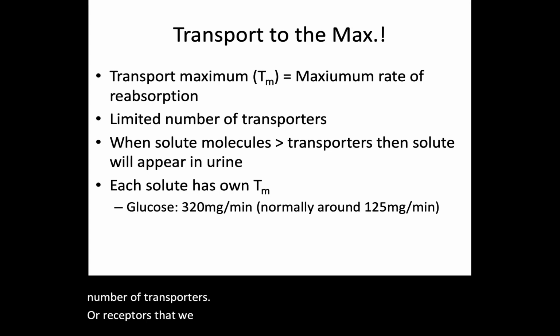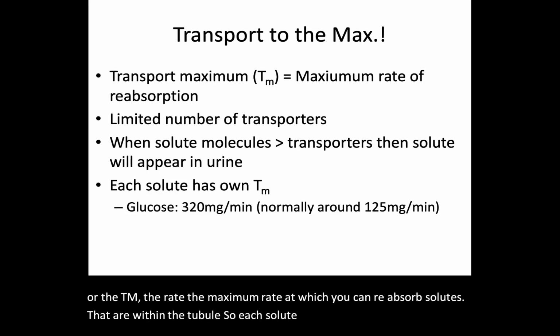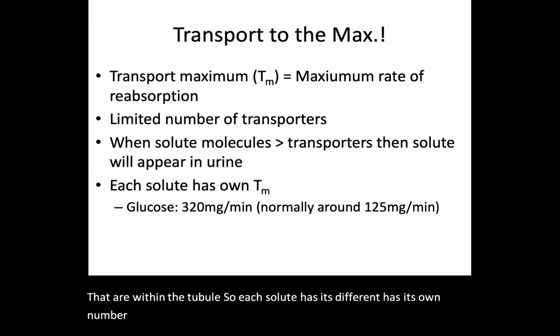And we refer to that as the transport maximum, right, or the TM, the maximum rate at which you can reabsorb solutes that are within the tubule. And each solute has its own number. All right, each solute has its own TM, right, or transport maximum.